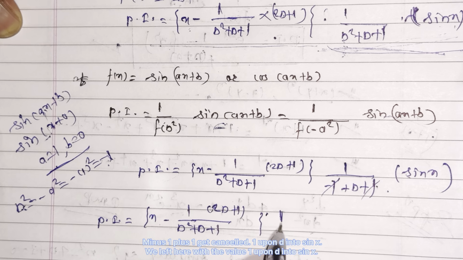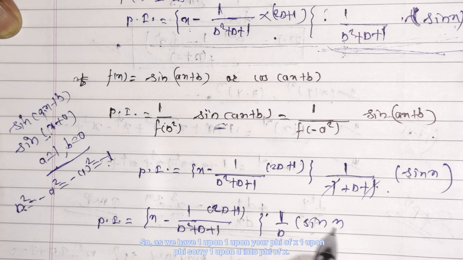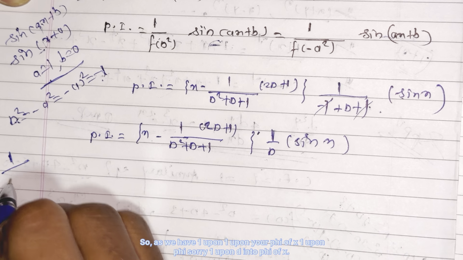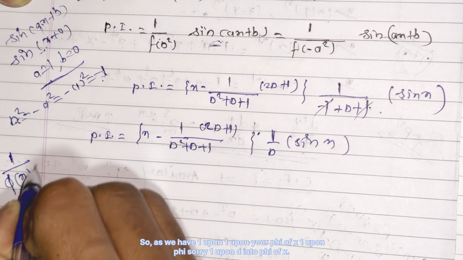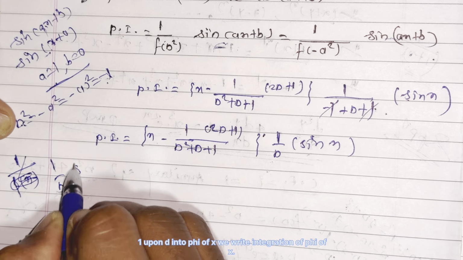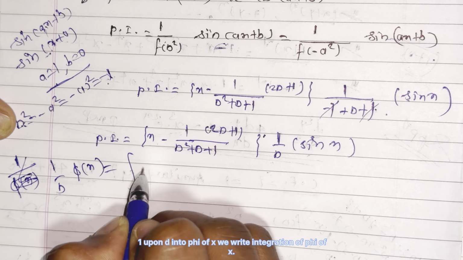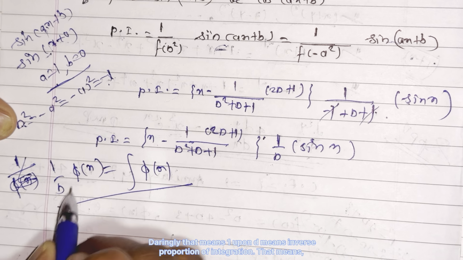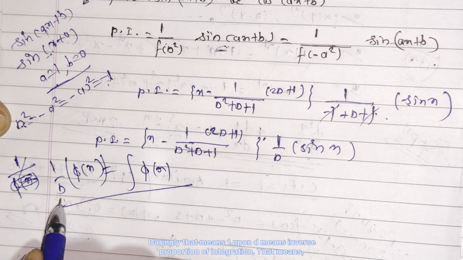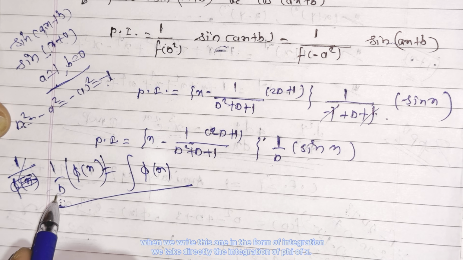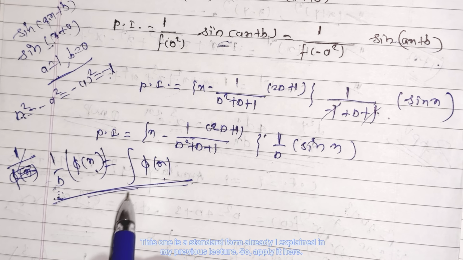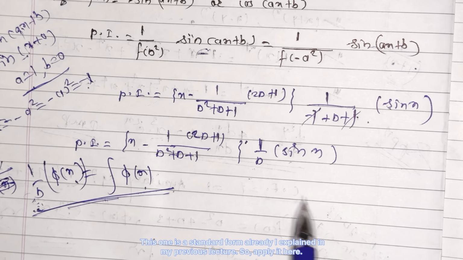As we have 1 upon d into phi of x, we write the integration of phi of x directly. That means 1 upon d means the inverse of differentiation, integration. This is the standard form, which I already explained in my previous lecture, so apply it here.